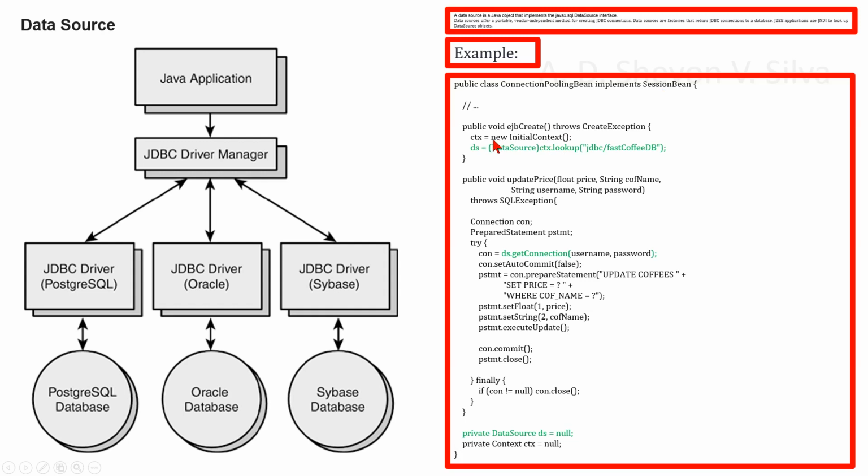When you supply the logical name jdbc/fastcoffeeDB to the method lookup at deployment time, the method returns the DataSource object.